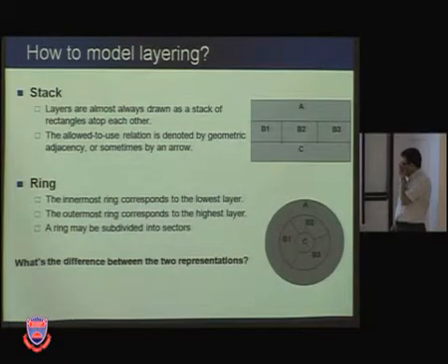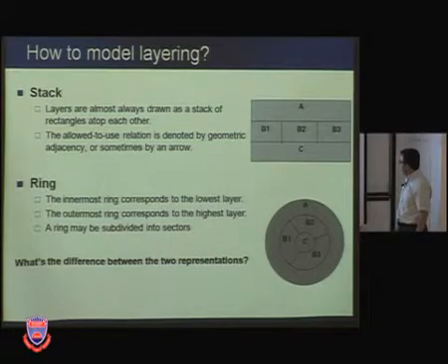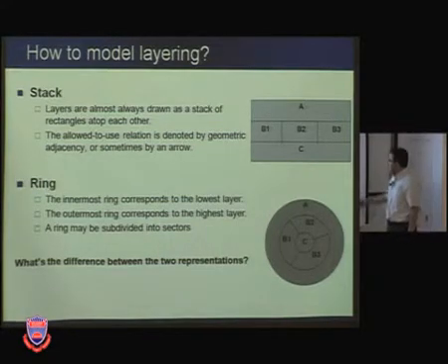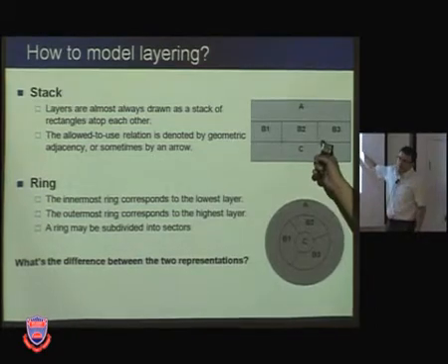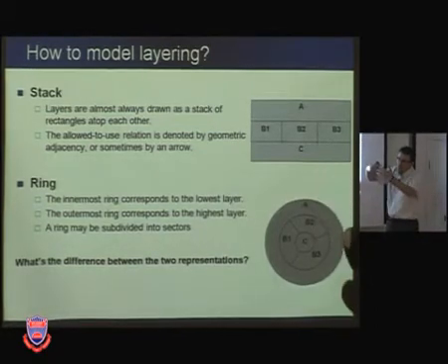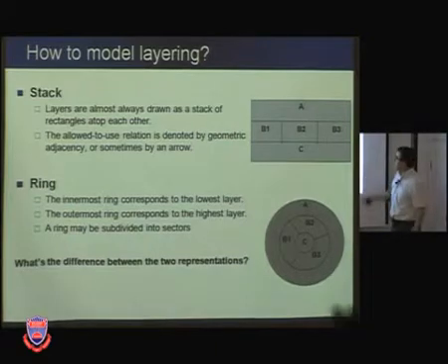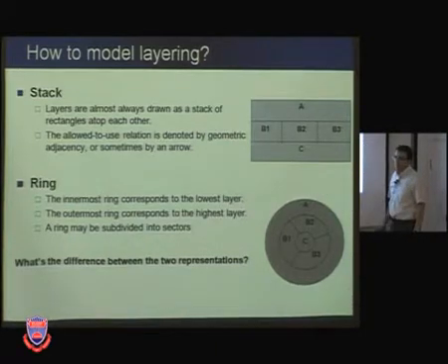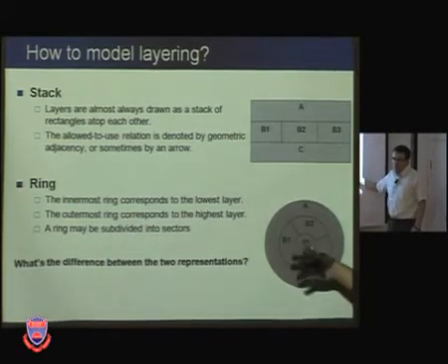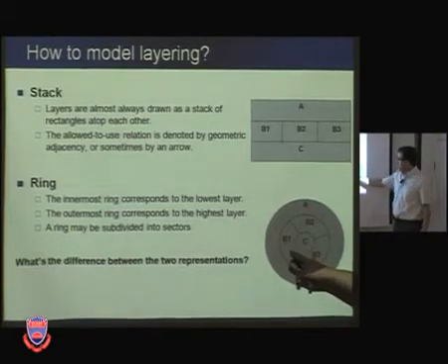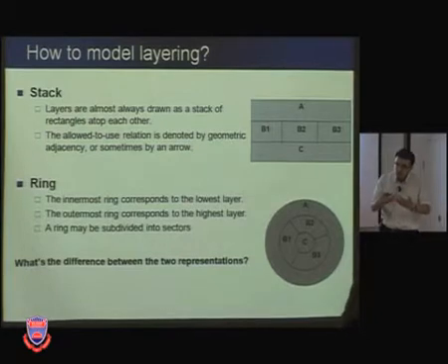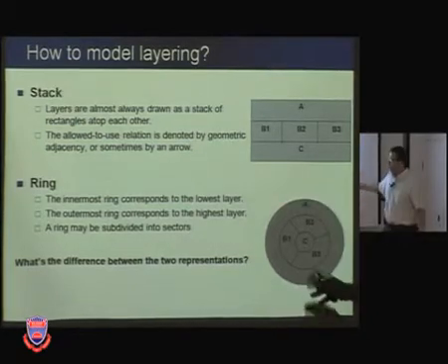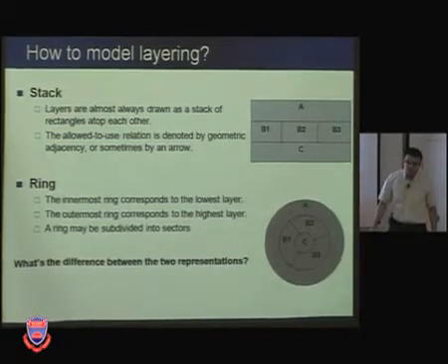B1 is allowed to use B2, B2 is allowed to use B3, and B3 is allowed to use B1 in the second. Right. And here it's not. At least there's no neighboring relation between B1 and B3. We don't know what this means, but here there's a relation between B1 and B3. We don't know whether it's allowed to use, but this is somehow different and can have different interpretations, so be aware.